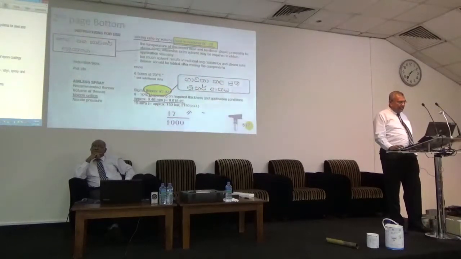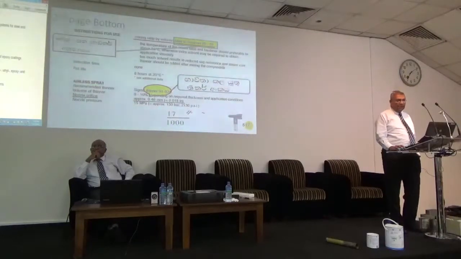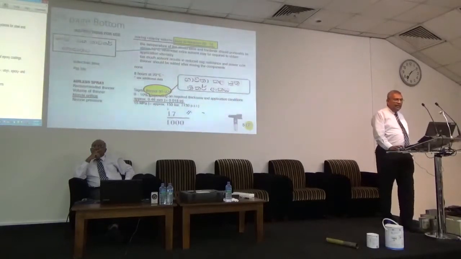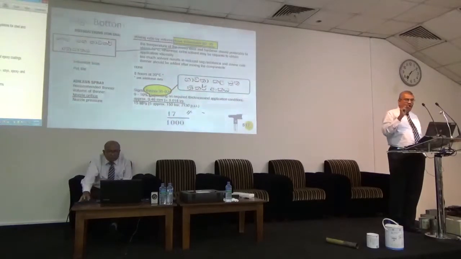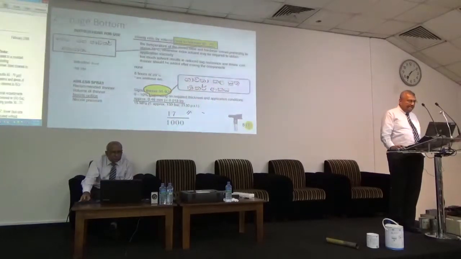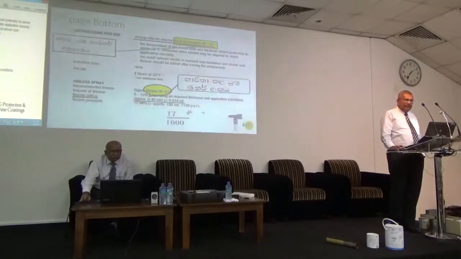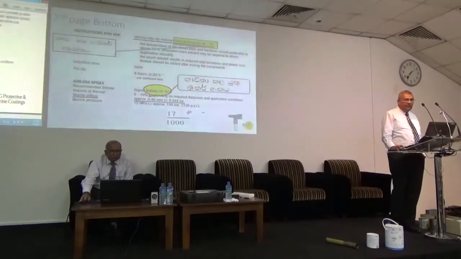So this nozzle orifice is very important, because that little hole for this particular Sigmacover 280 is 0.46 millimeter, that is half a millimeter. But as we said, in America they don't use the metric, they use only imperial.